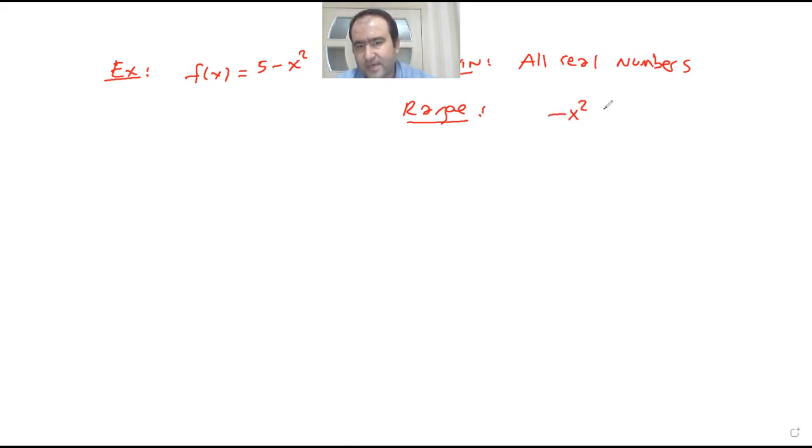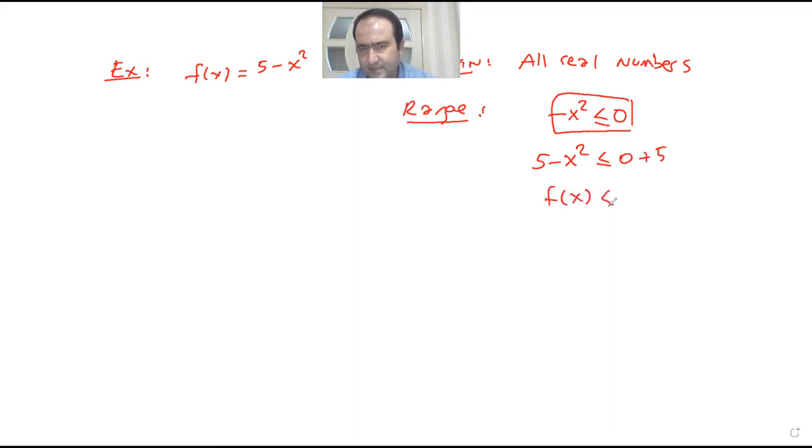Minus x squared can be 0 or smaller than 0. And then plus 5, so f(x) is smaller than or equal to 5.